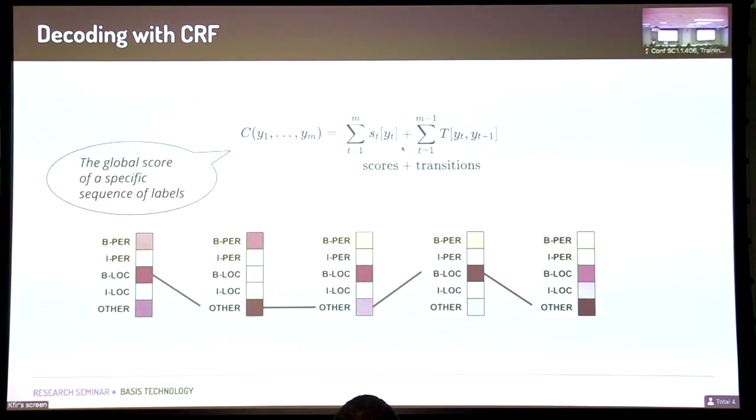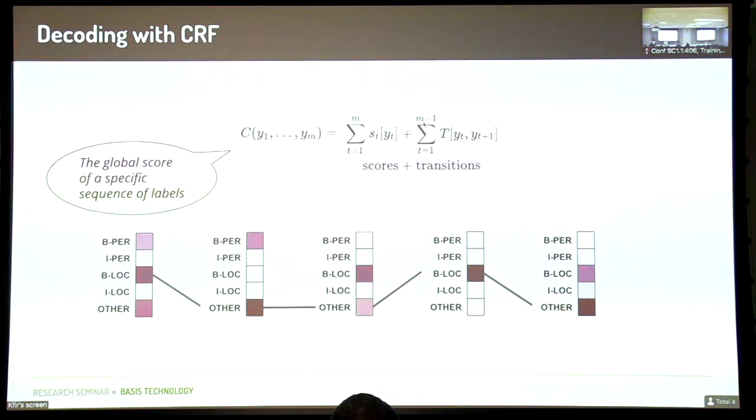The score has two main components. Sometimes we even add more, but the first one is just the sum of the probabilities of every label, where Y_t is the label and S_t is the probability vector at time t. So this is the specific probability of this specific label, and we sum them up. That looks like what we did before.